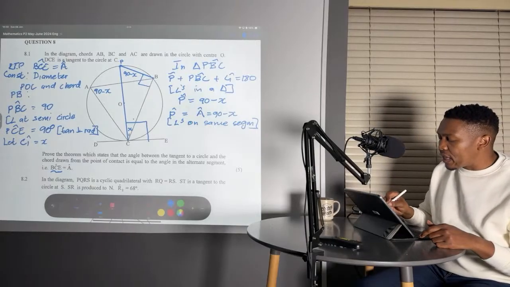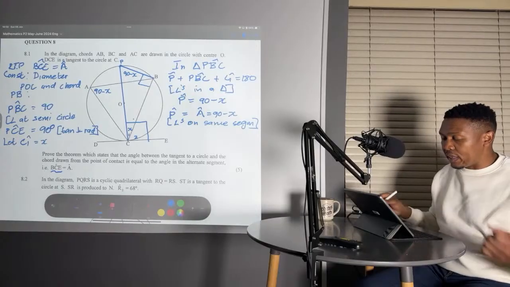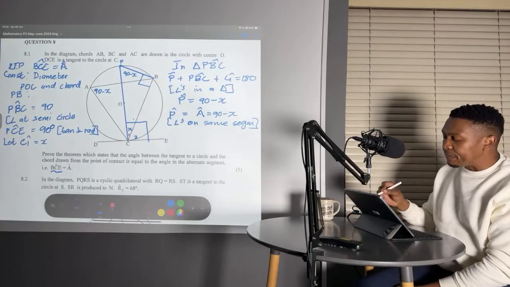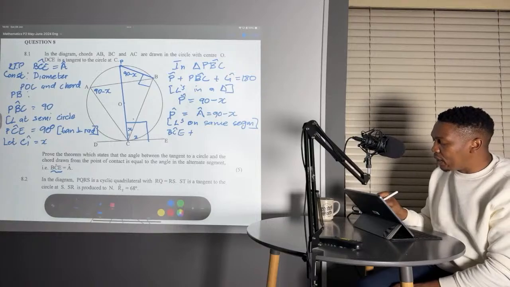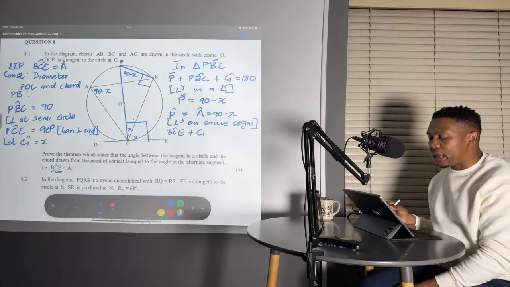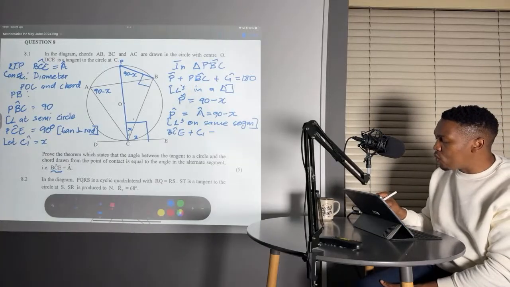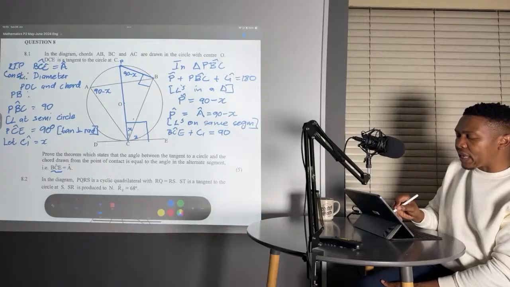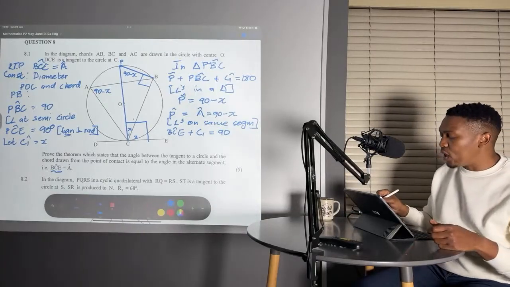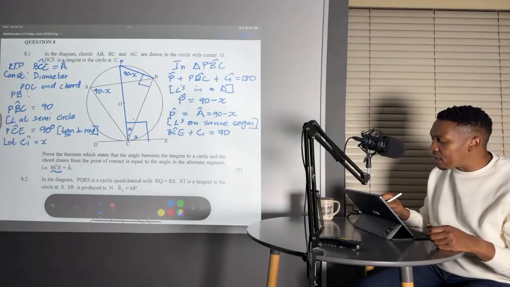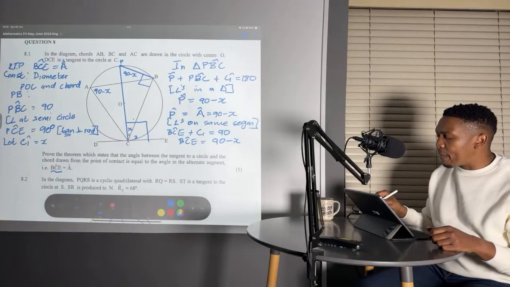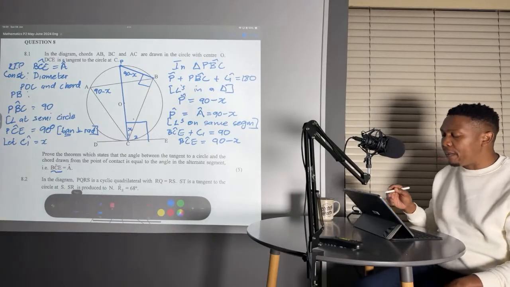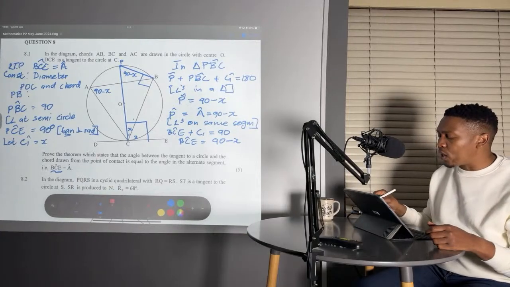So in this case, that means angle BCE plus angle C1, or you can say angle PCB, those are equal to 90 degrees, because of the tangent perpendicular to radius. So therefore, angle BCE will be equal to 90 minus X as well. So remember, if we add them together, they give us 90. But C1 is equal to X, so that will be equal to 90 minus X.